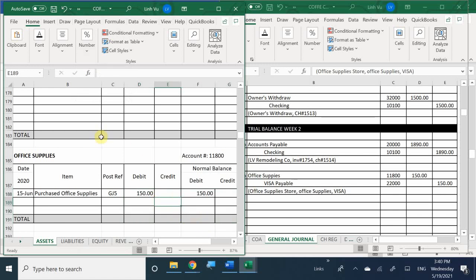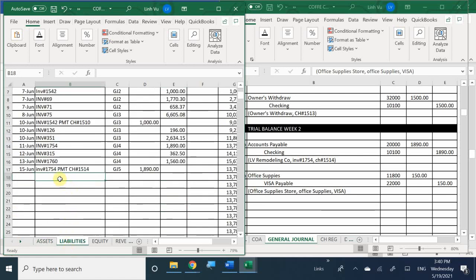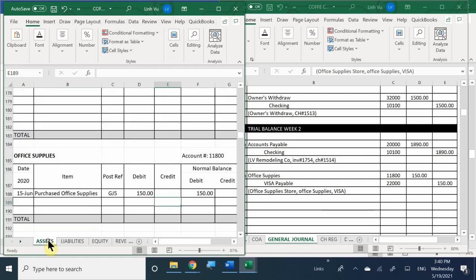After this, go to our liabilities to Visa and let them know we spent more of your money. Can you hang on for a second? I was in the wrong spot. I was in the ledger for office supplies.